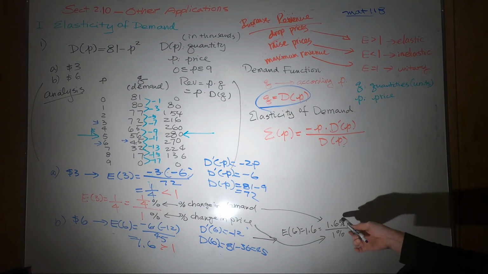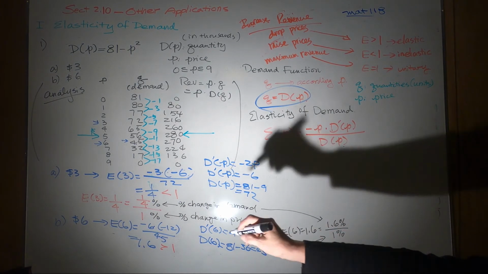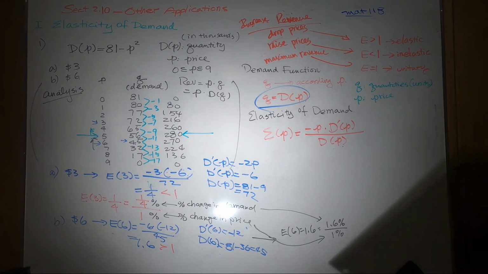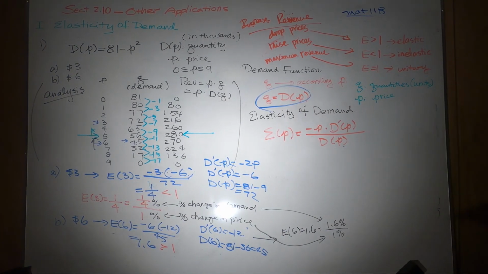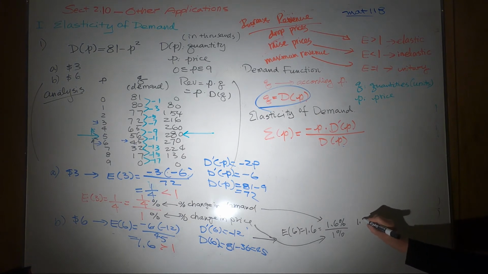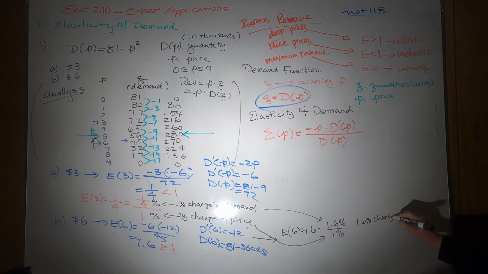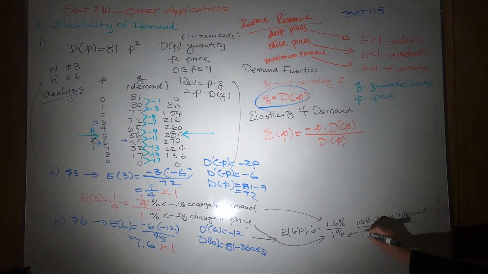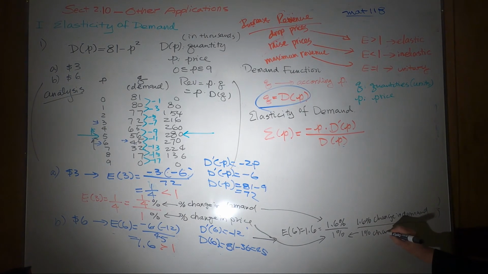So you want to drop the price here, so you have more demand and you have more revenue. So it's saying you have 1.6% change in demand, okay, when you have what? 1% change in price.